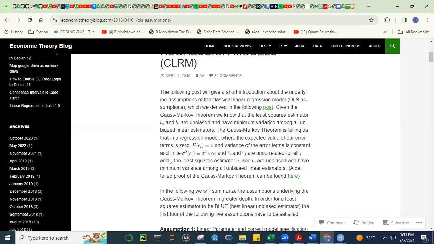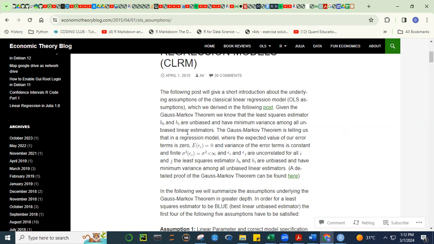And have minimum variance. So this minimum variance, class, is now the homoscedasticity assumption. Our residuals should be constant. Because if the residuals are no longer constant, it will no longer be minimum variance. So you can have several unbiased linear estimators.